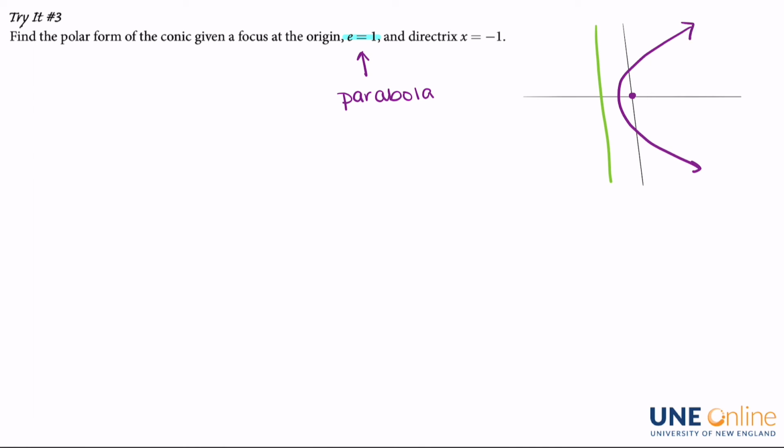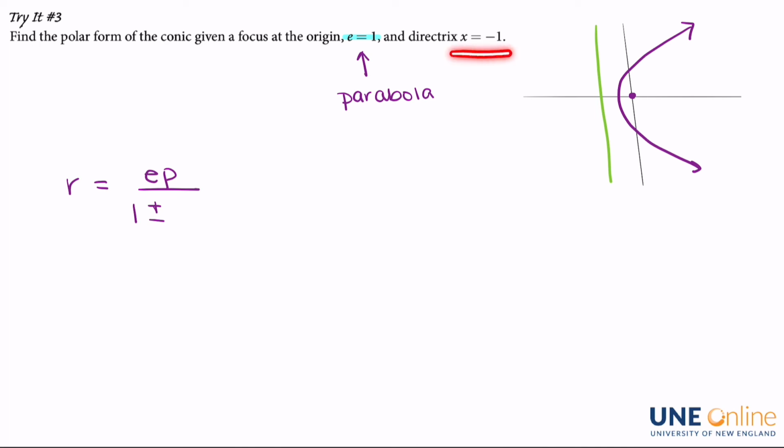So now we want to write the equation for this in polar form. We're always going to have r, or the radius, on the left-hand side. The general form is going to be e p over 1 plus or minus, and then we need either the sine function or the cosine function, and that is dependent on the directrix. So the directrix is a vertical line.